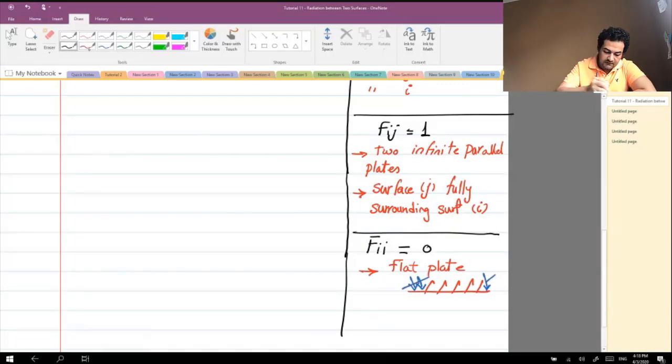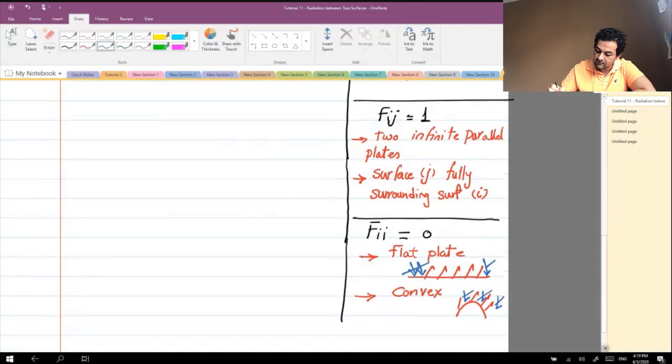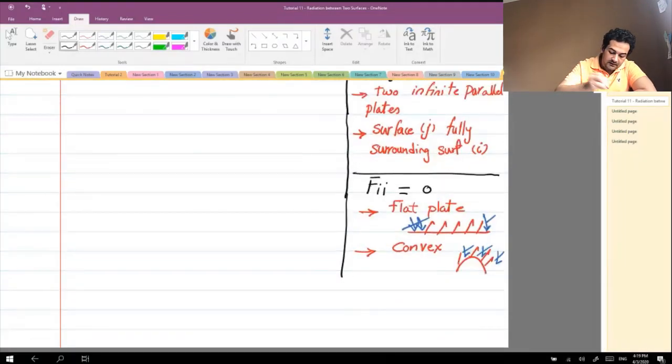Another case is concave. If our surface is concave, something like that, and it emits some heat, this heat may return back to the surface.